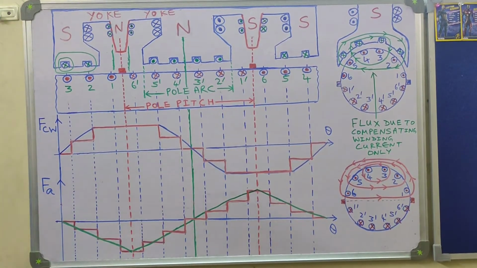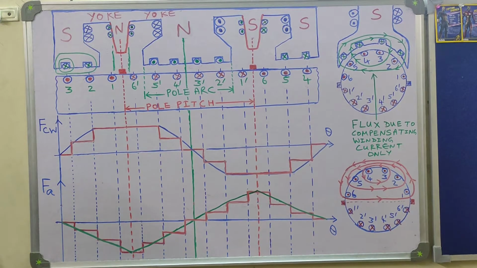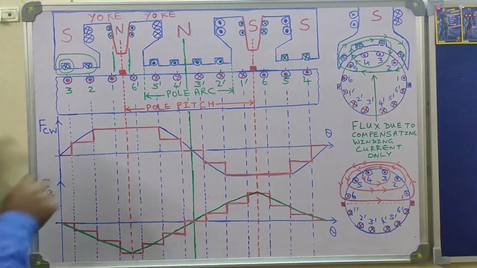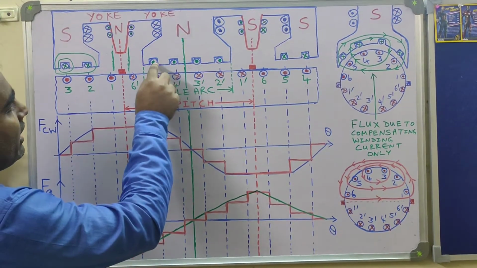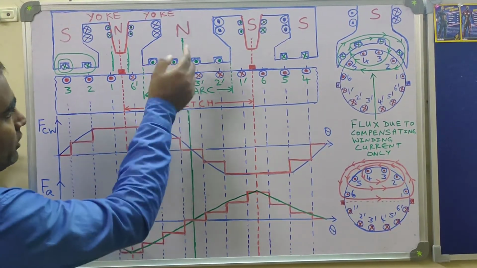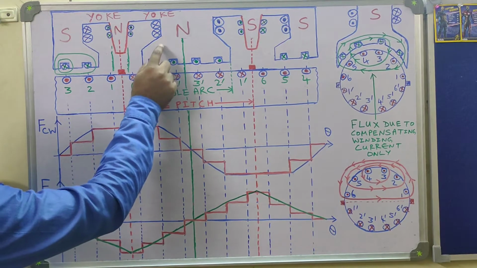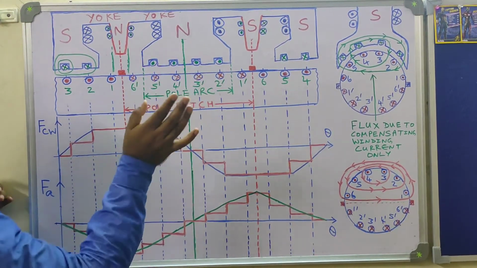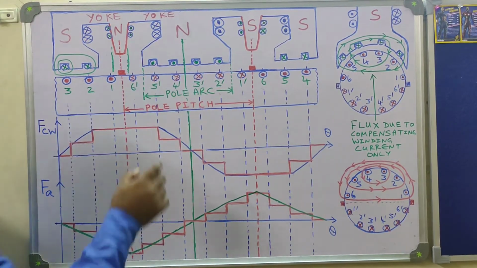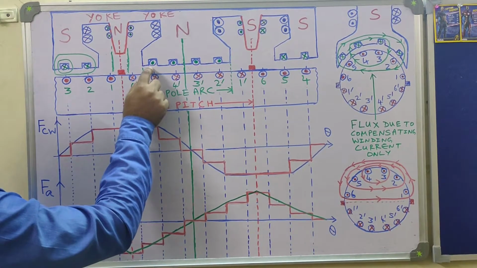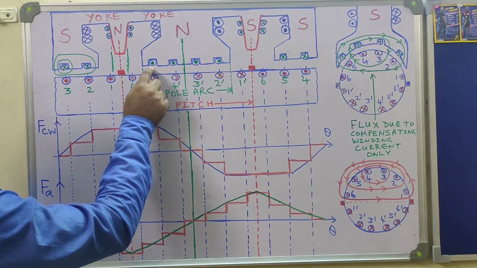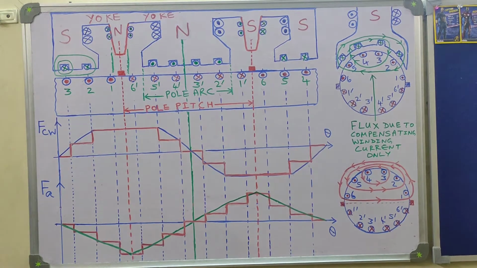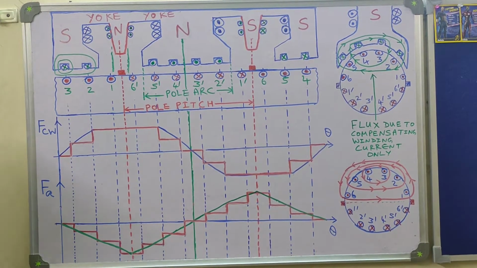But in case you want to house the compensating winding, in that case you have to create this kind of field pole lamination and you have to place it one over another. You can look at the diagram. If I am going to place this kind of field pole lamination one over another, in that case field pole will be created, and besides that there will be slots which will be formed in the pole faces or the pole shoe. So there in that slot you can accommodate or house the compensating winding.